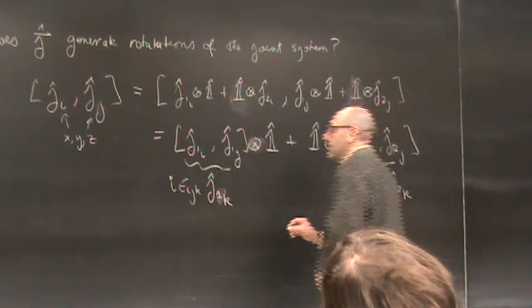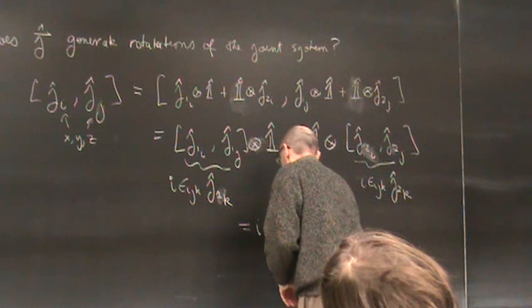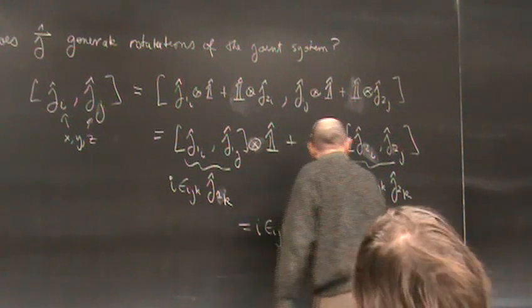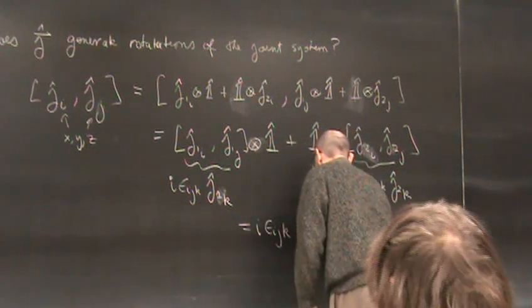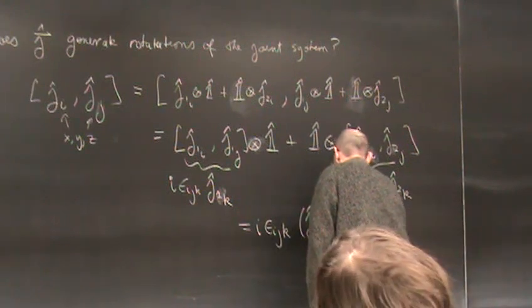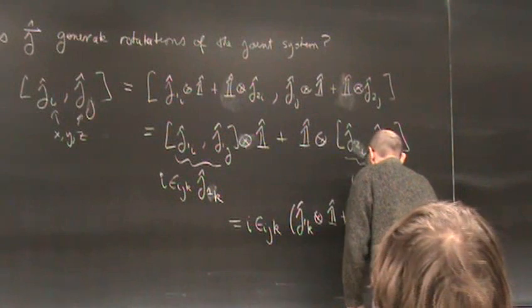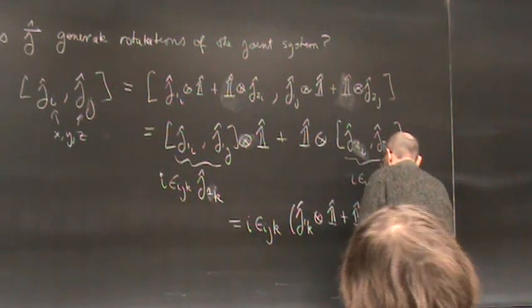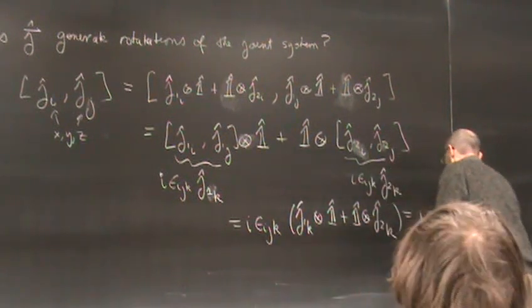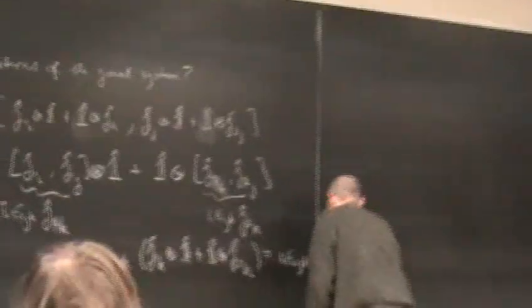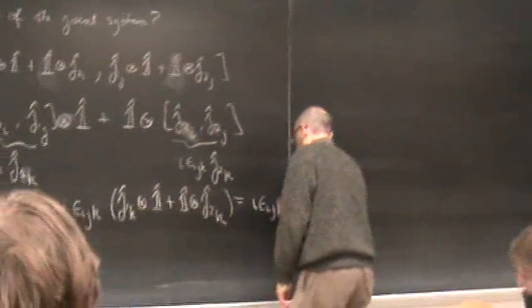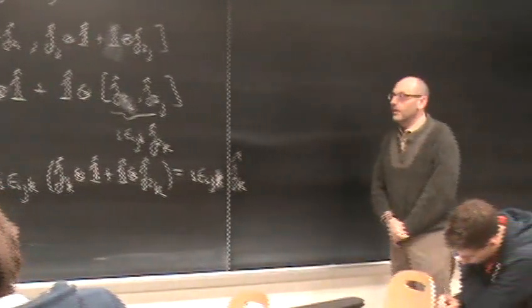So that means that this is equal to I epsilon I J K, J1 sub K tensor the identity plus the identity tensor J2 sub K, which is I epsilon I J K times the K component of the total angular momentum. Okay?